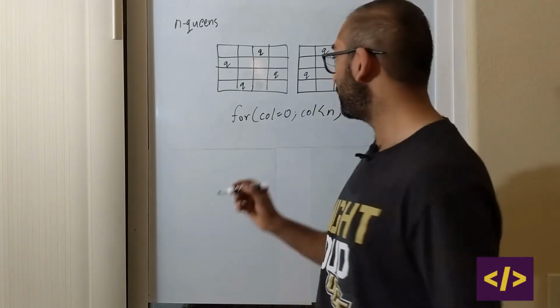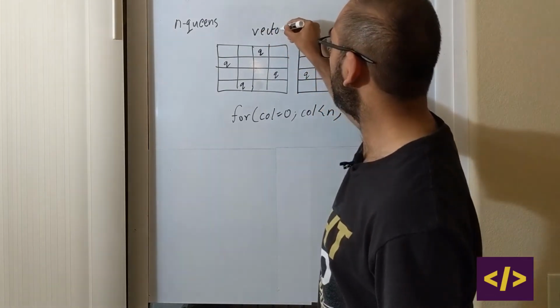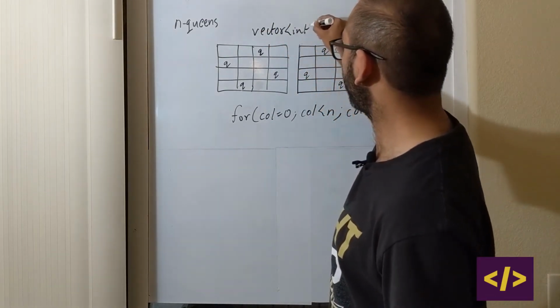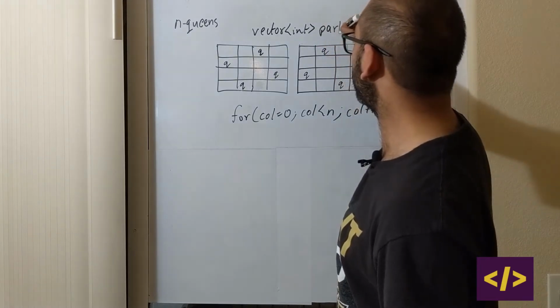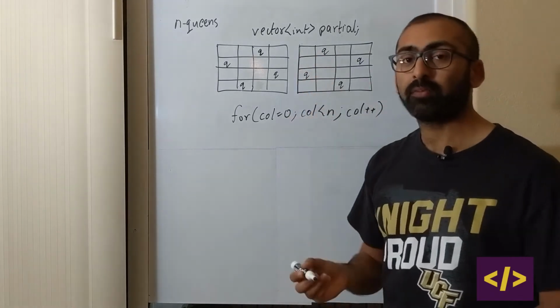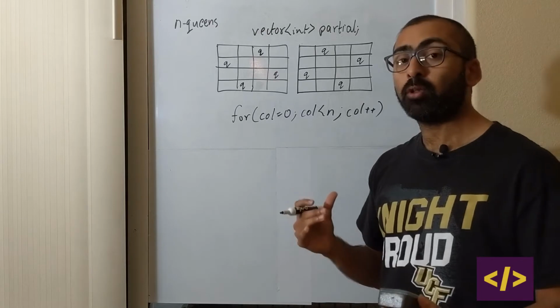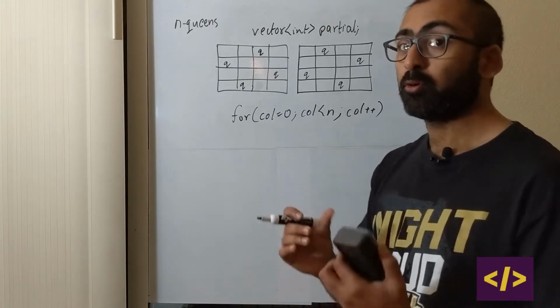And I create this vector called a temporary or a partial vector. I call it the partial vector. And what I put in the partial vector is the column numbers for my partial solution.